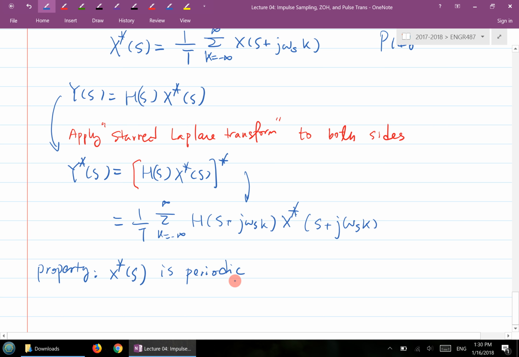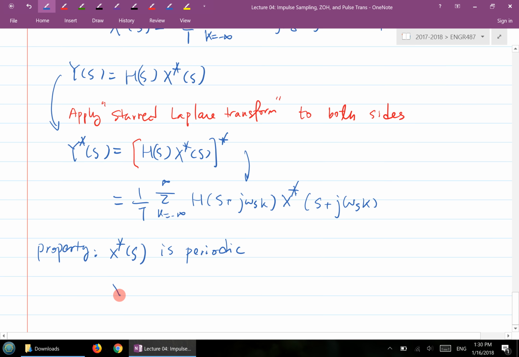So what does a periodic function mean? It basically means whenever you change this s by j omega s k, it's basically repeating itself. That's what a periodic function means. You can think about that drawing I just sketched there.